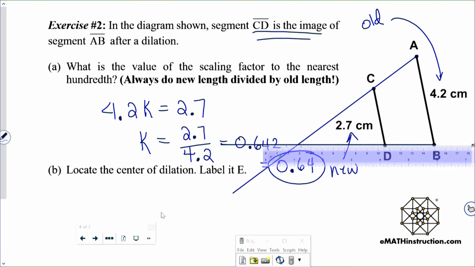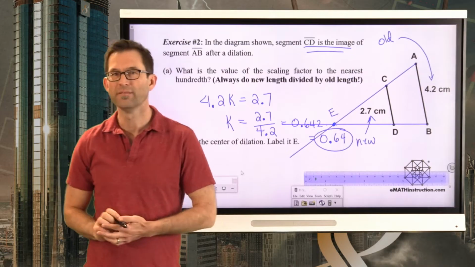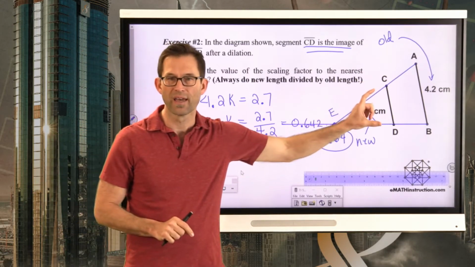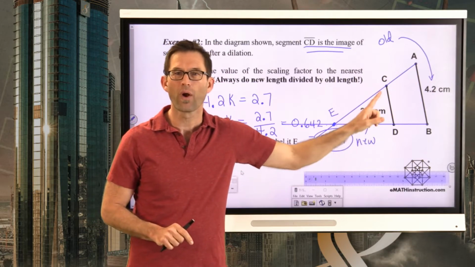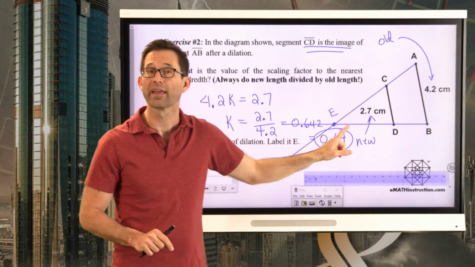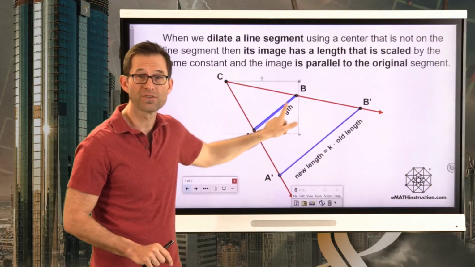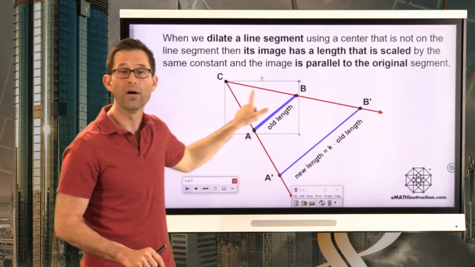And therefore, the center of dilation has to be right there. Very often when you deal with dilations of a line segment into another line segment, you get these triangular shapes where one triangle is lying inside of another one. We see it back in this picture as well. We've got this triangle that is lying inside of this triangle.